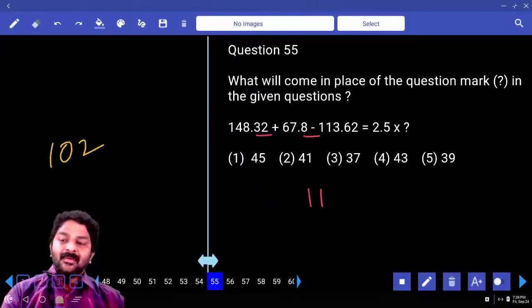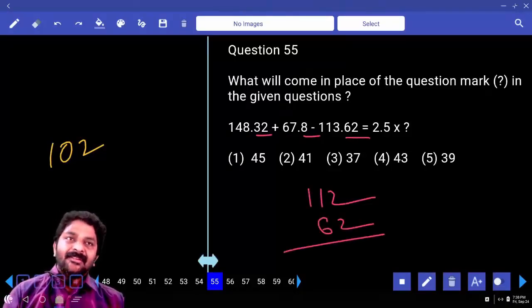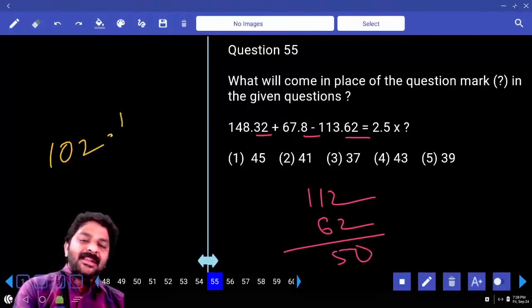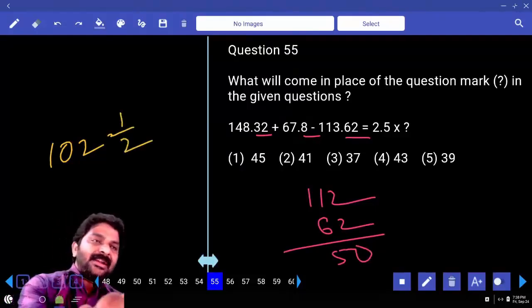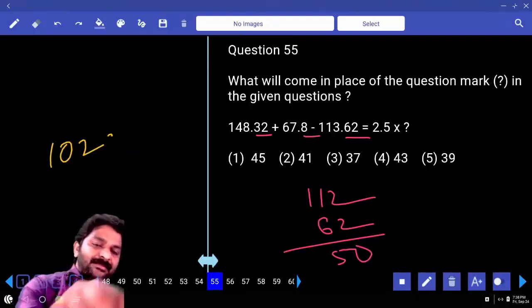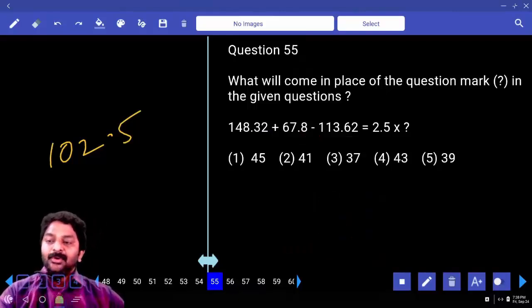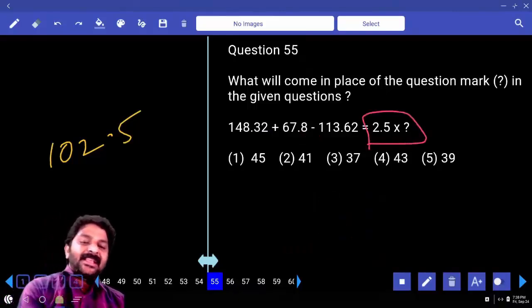3280. 112. From this, if you subtract 62, how much is that? 50. That is 0.50 only. Or you can write it as 120 and half, or you can simply write it as 102.5 is equal to 2.5 into x. Then x is equal to divided by 2.5 only.